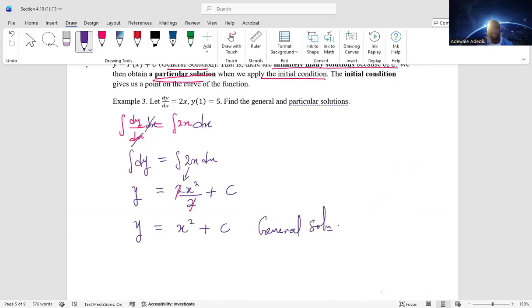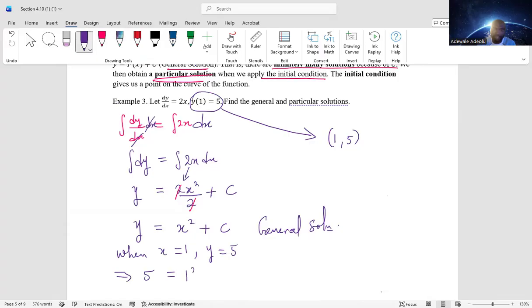Now, to find a particular solution, we will need to use our initial value. What this means is that when x is 1, y is 5. That's what it means: (1, 5). So when x equals 1, y equals 5. And that implies that we can replace y by 5 and x by 1.